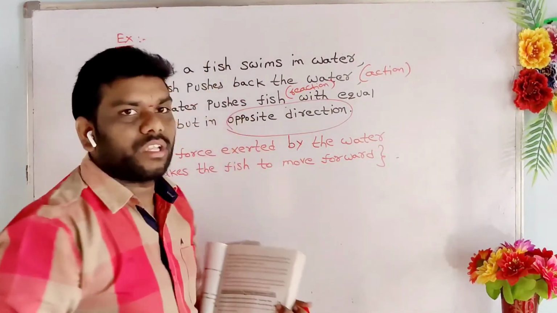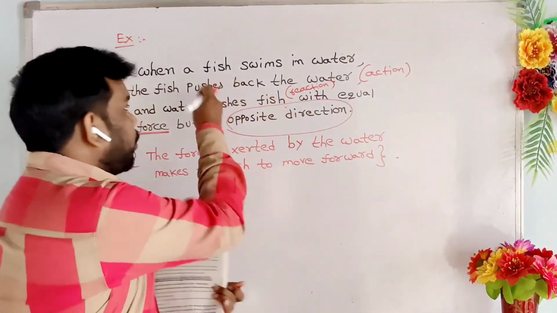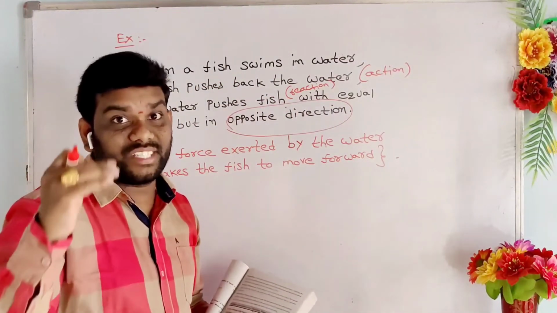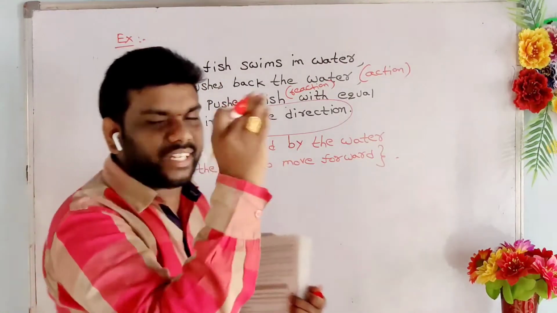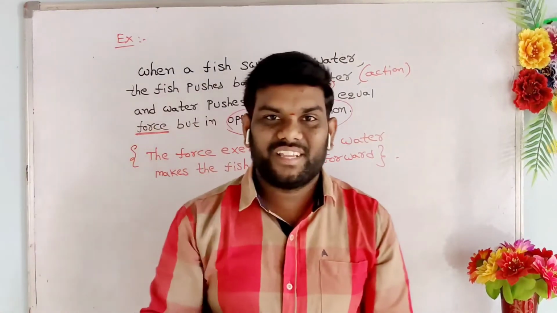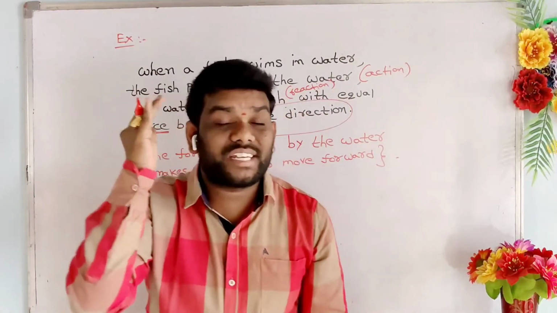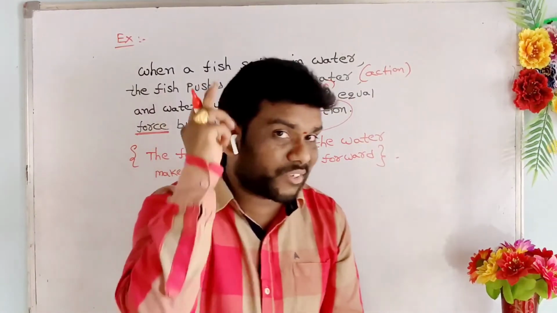First case, the fish swims in water and pushes back the water. This is action. Then automatically, the water pushes the fish. That is the reaction. It is equal force but in the opposite direction. It is a good example of the third law of motion.